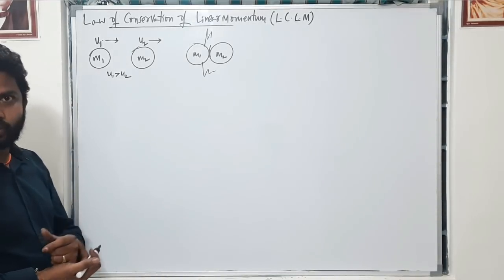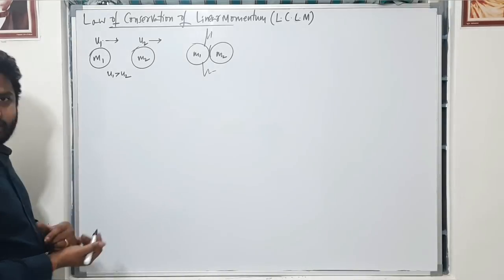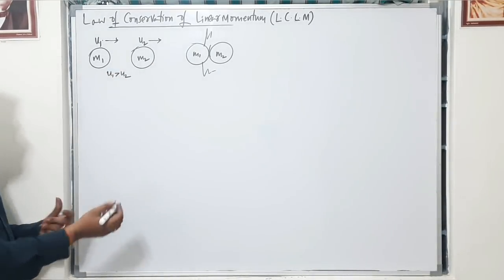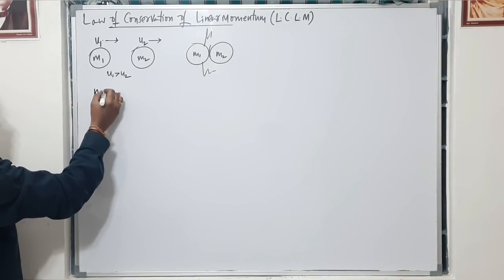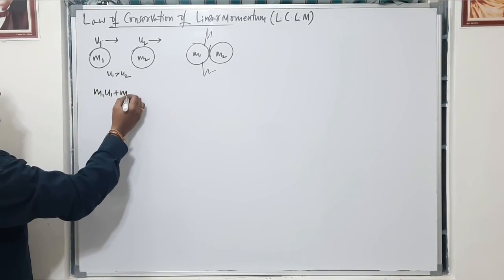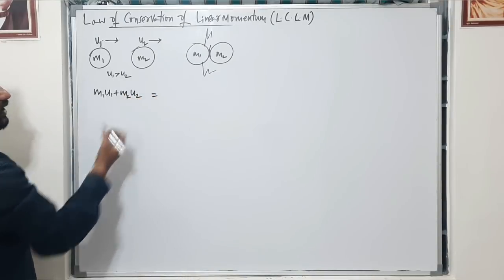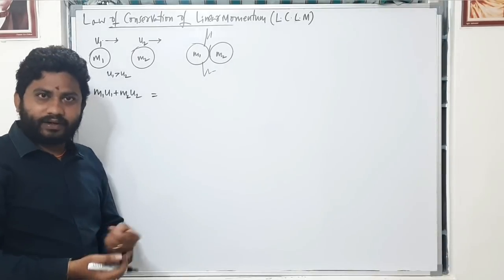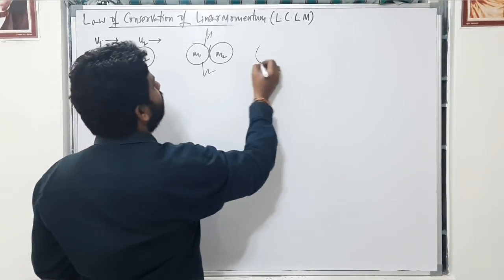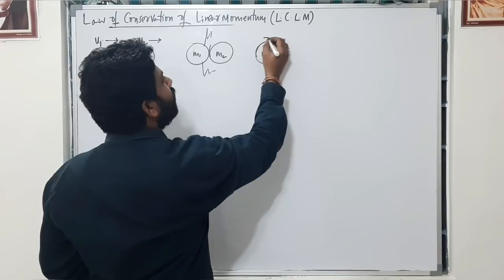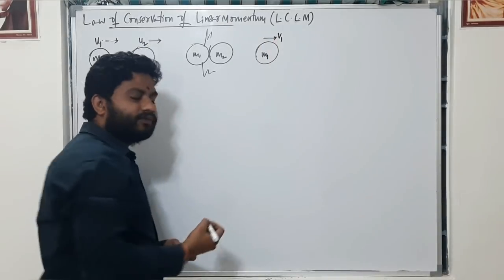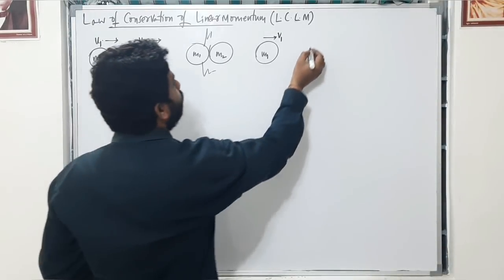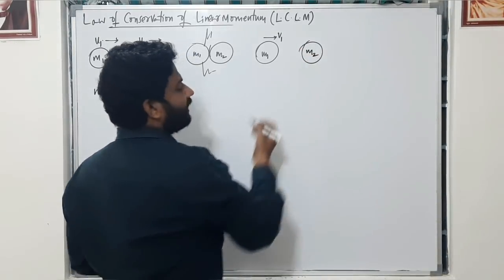This is before collision condition. Before collision, according to the law of conservation of linear momentum, m1u1 plus m2u2 is equal to the linear momentum of the system after the collision. Right? What is after the collision here? The body of mass m1 moves with a velocity v1, which is the final velocity of the first body. m2 is the mass of the second body.